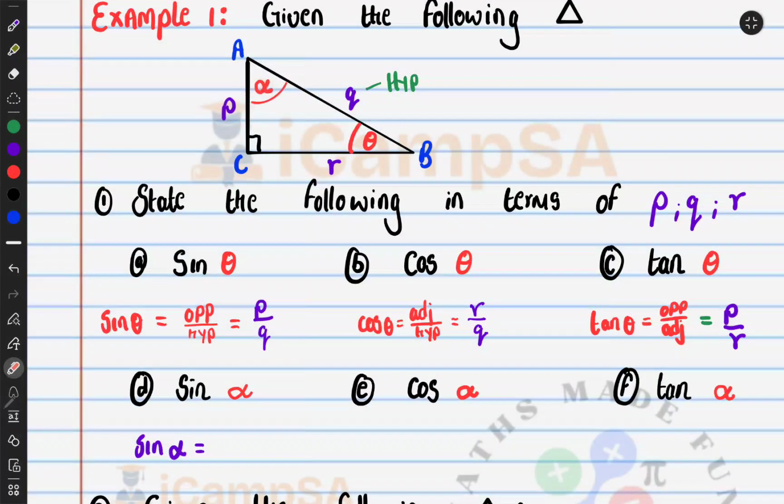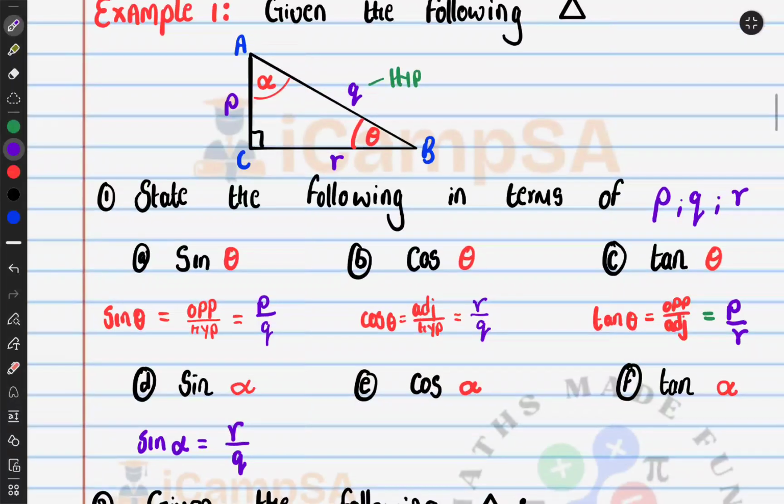The side opposite to angle alpha is going to be side R. Therefore, we're going to have R over the hypotenuse, which is always the side that is facing the 90 degrees angle, so it's R over Q. And then cosine alpha, the trigonometric ratio of cosine is adjacent over hypotenuse. So cos alpha is equal to what?